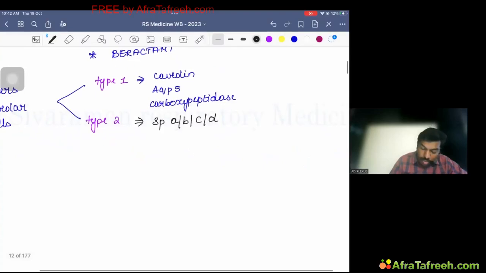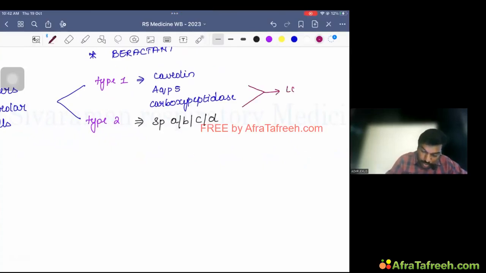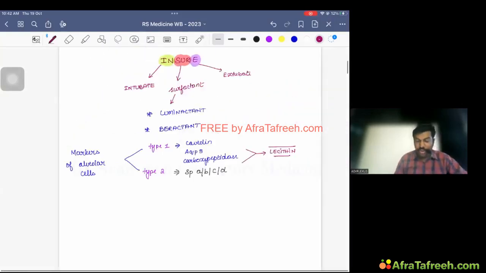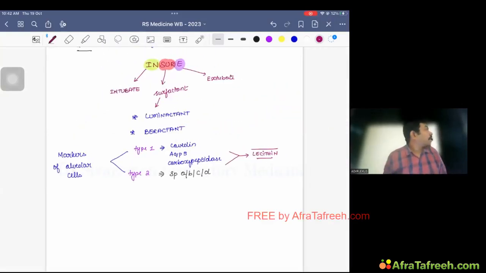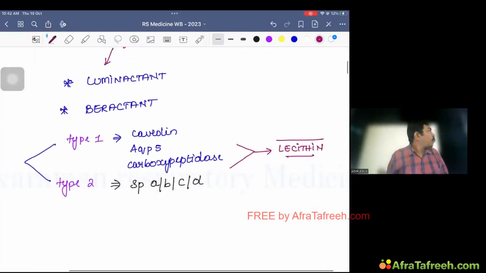A common marker for both type 1 and type 2 alveolar cells, for surfactant production and for type 1 alveolar cells, is this.